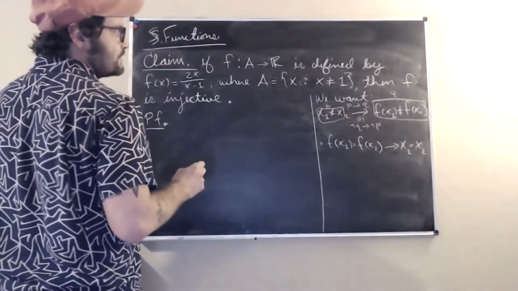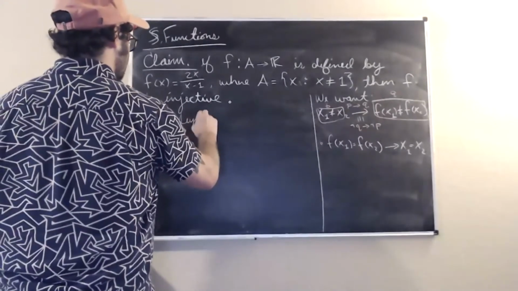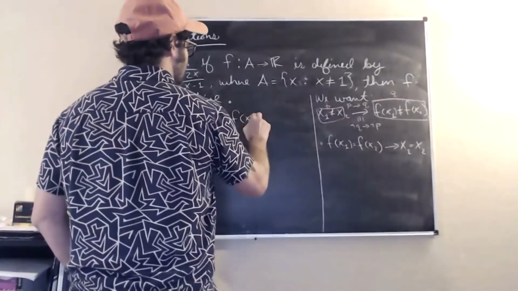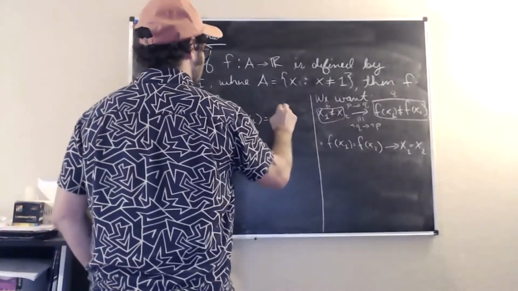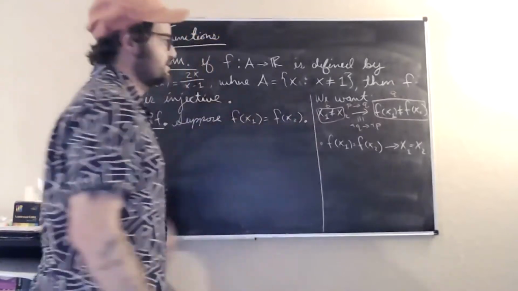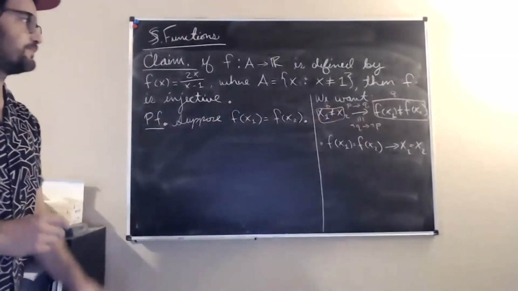So suppose f of x1 is equal to f of x2. This is not the proof, that's just scratch work. This is the actual proof of it.